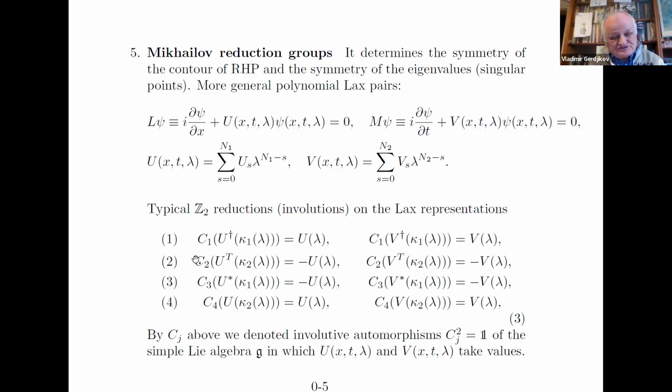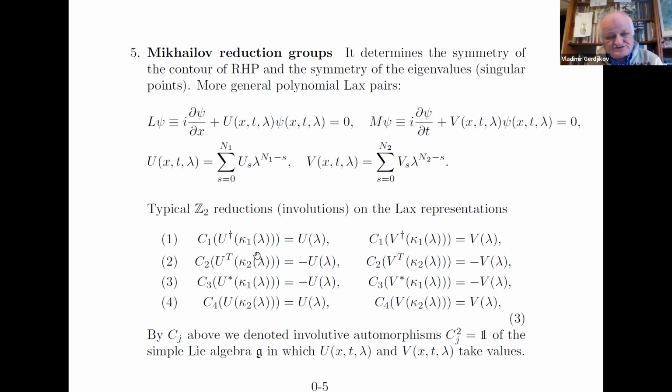We act with some automorphism of the Lie algebra of finite order. And for example, here this is the automorphism C1 applied to U Hermitian conjugates. And we act simultaneously also on the spectral parameter.